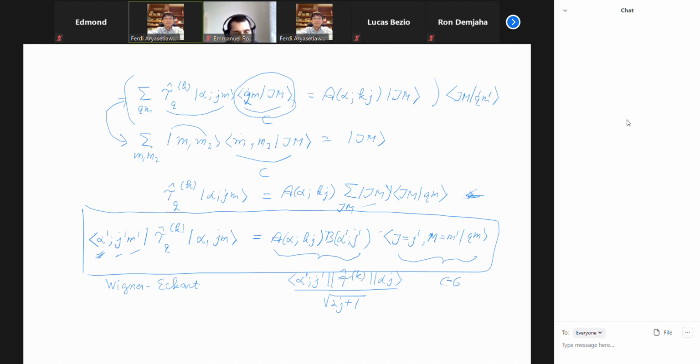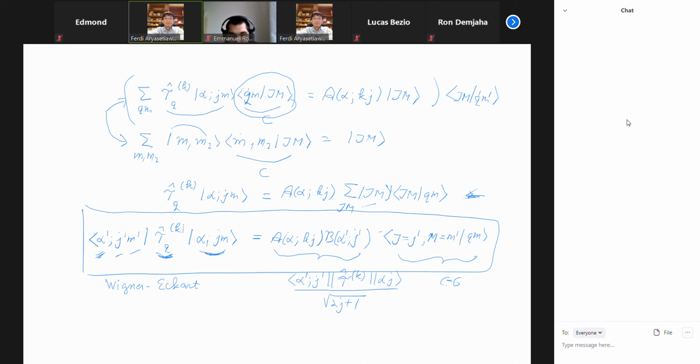As we have seen, we can understand the Wigner-Eckart theorem in terms of decomposition of a direct product representation into its irreducible components. Yes. So what we have here is a spherical tensor labeled by K and Q, and then angular momentum states labeled by J, M. So the alpha here is not so relevant.